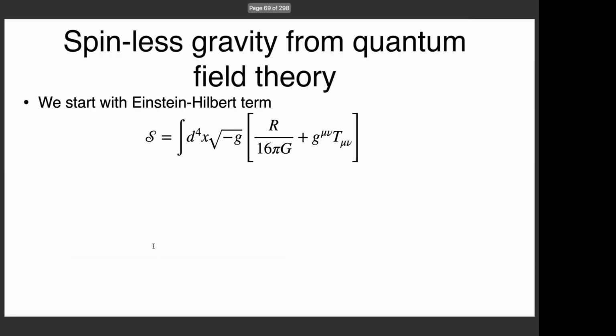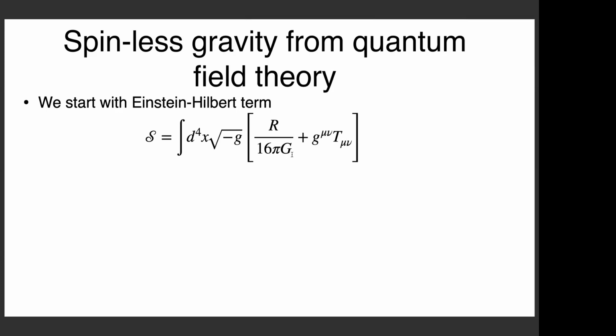So in the case of spinless gravity from a quantum theory, we start with the Einstein-Hilbert Lagrangian. We don't actually have to consider the effective terms at the leading orders. They will appear later when we increase the orders of loops.